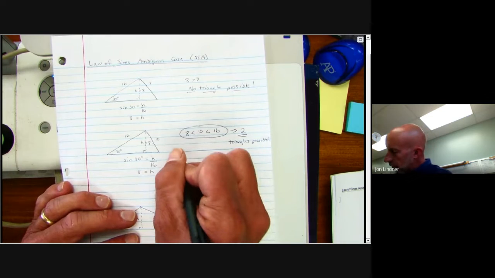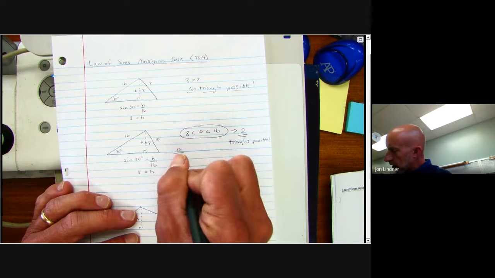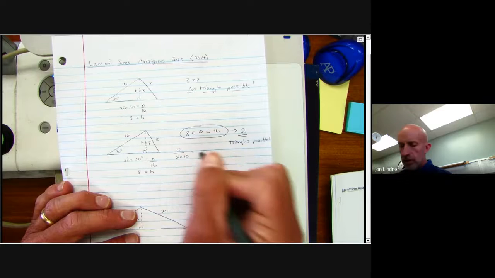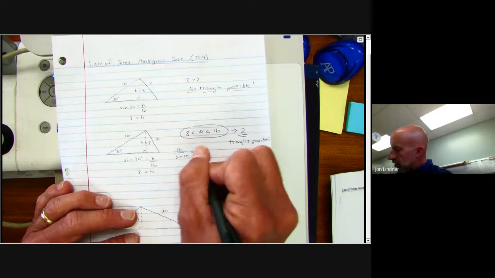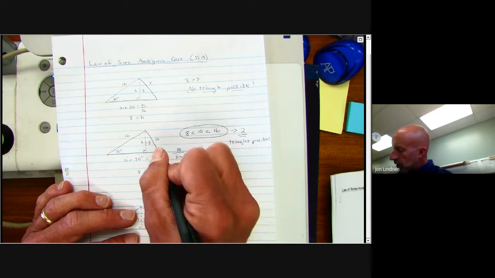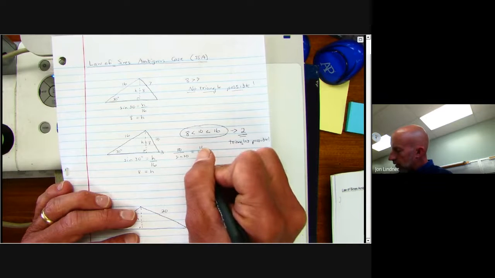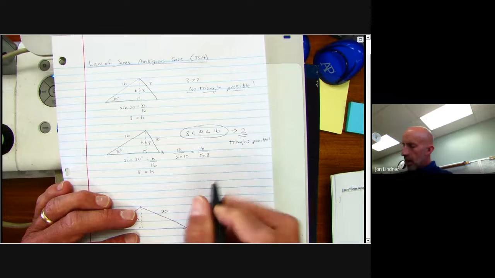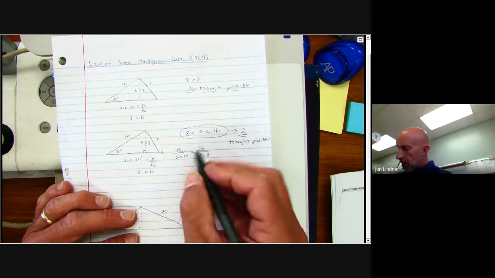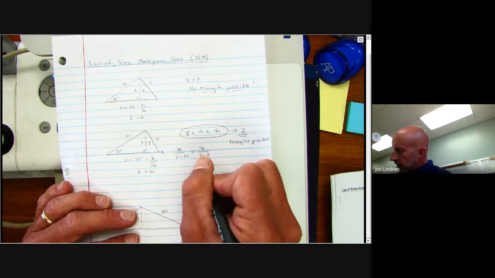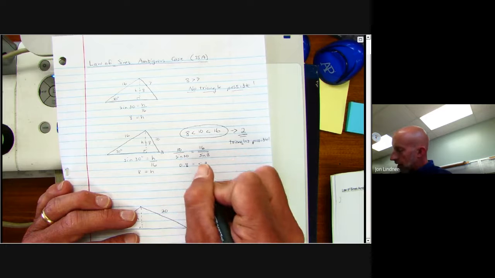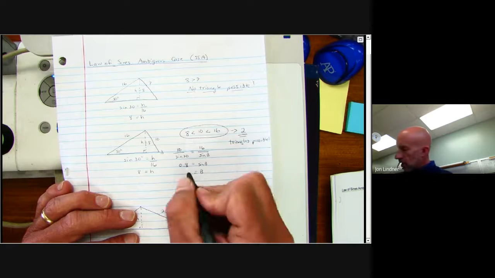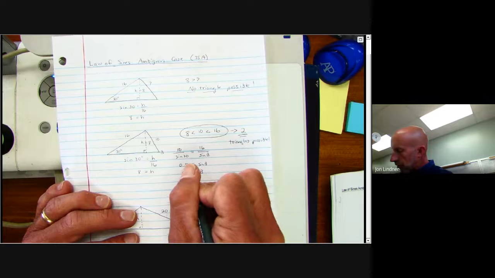So I know, using the law of sines, that 10 is to the sine of 30, as 16 is to this angle here. I'll call it angle B, the sine of B. If I do my cross multiplying, I find out that the sine of B equals 0.8, and angle B, when I do inverse sine, is 53 degrees.